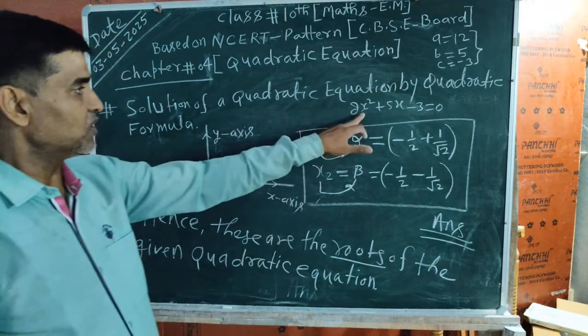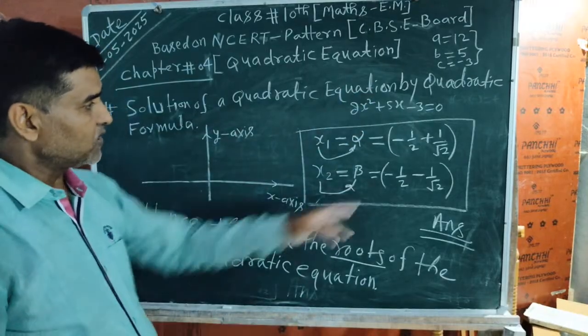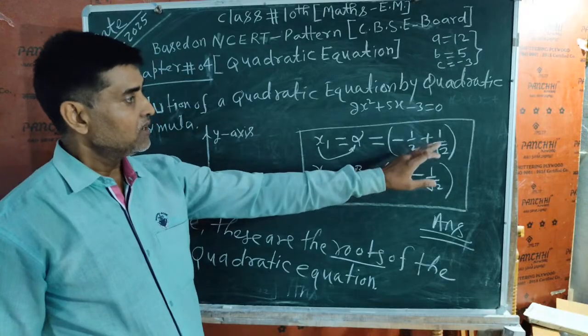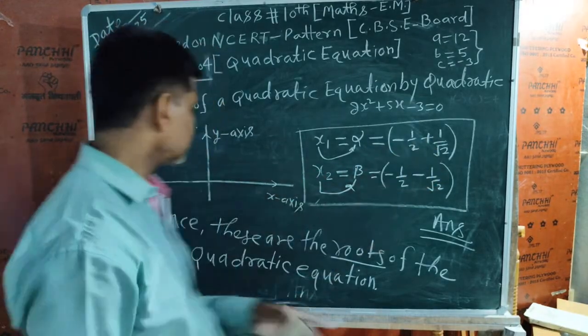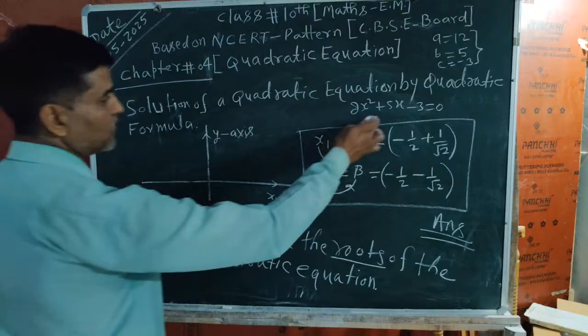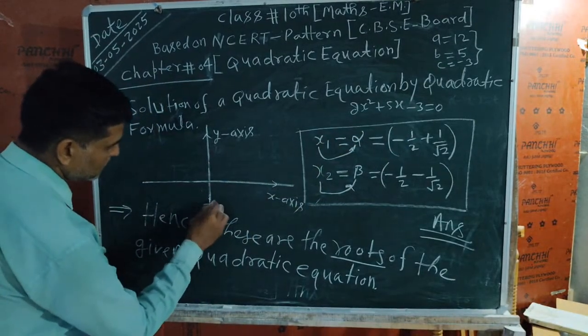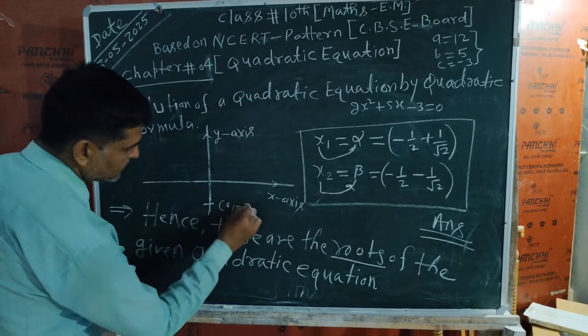So this curve will open upward, and when I put the value of x as 0, the value will be minus 3, so it will be the point 0 comma minus 3.